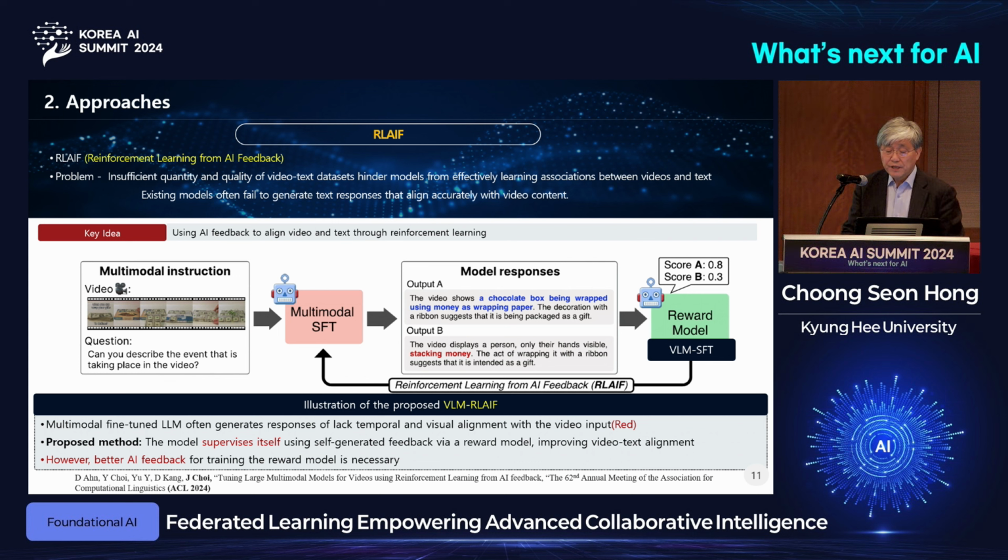Let me introduce RLAIF, which stands for RL from AI feedback. This approach tackles the challenge of low-quality video-text datasets, which often prevent methods from effectively understanding the association between video contents and text.